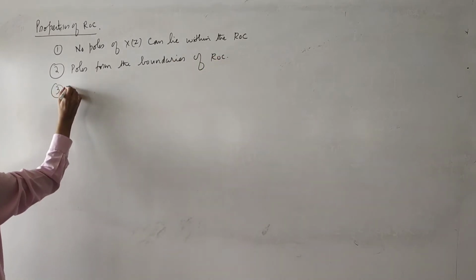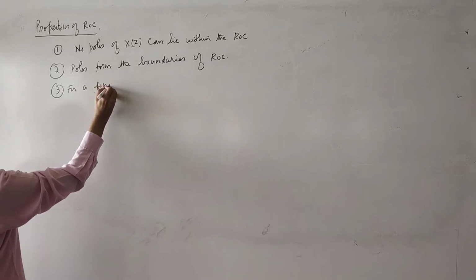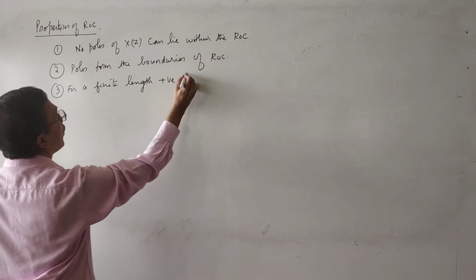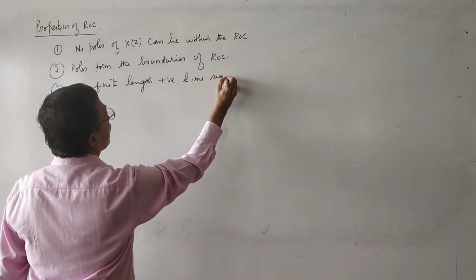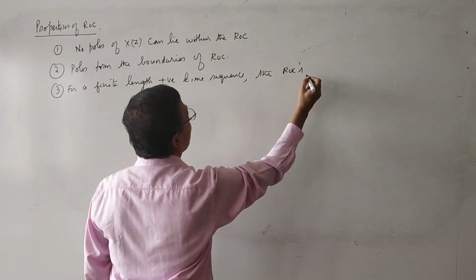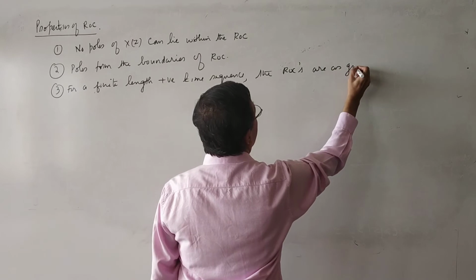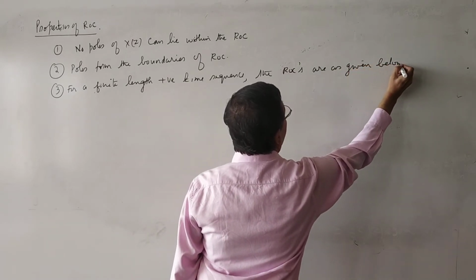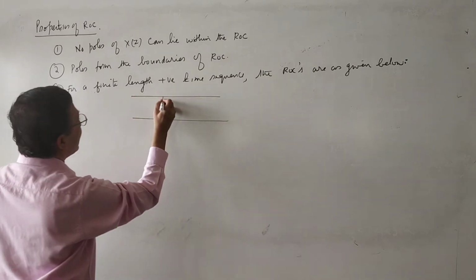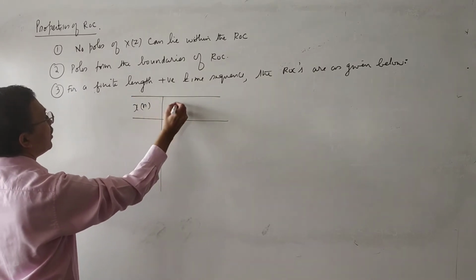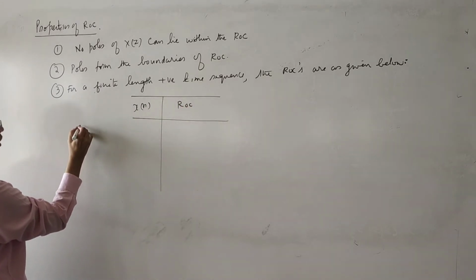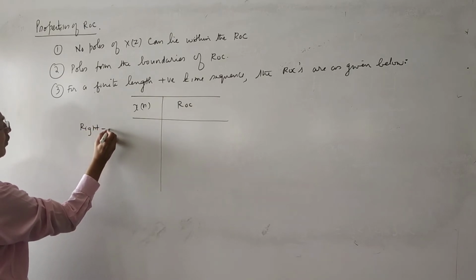Third one, for a finite length sequence, the ROCs are as given below. I'll create a table like this. This column stands for x of n. This column stands for ROC. First one is right-sided sequence, means positive time sequence.